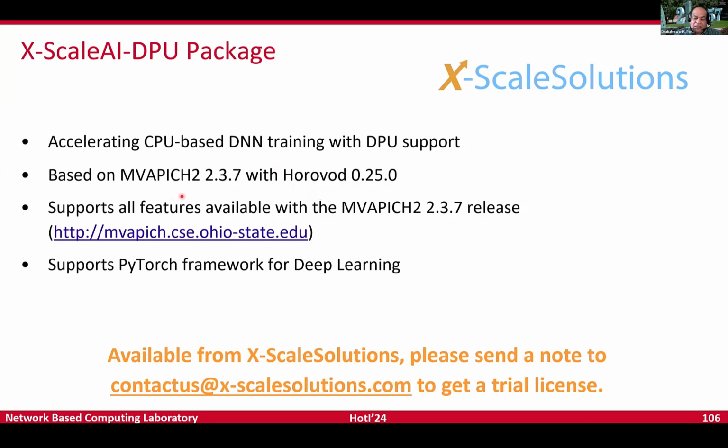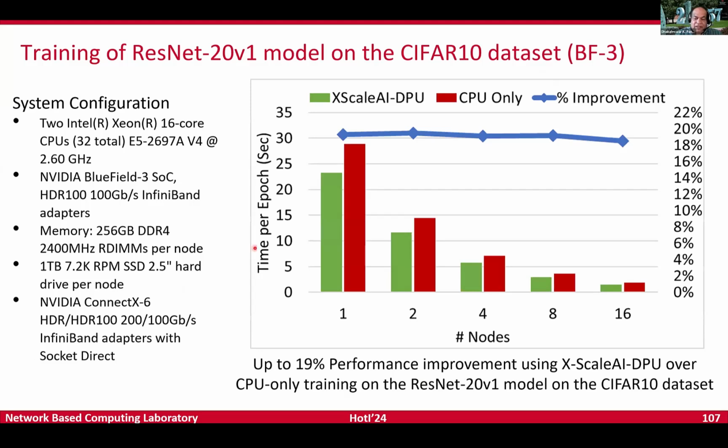As I was telling earlier, we have done this high performance DL where you can run distributed PyTorch, TensorFlow just directly on MPI. You don't have to go through NCCL or RCCL, any of those, and with Horovod with a modification. And here we support the PyTorch framework for deep learning. This is how it looks.